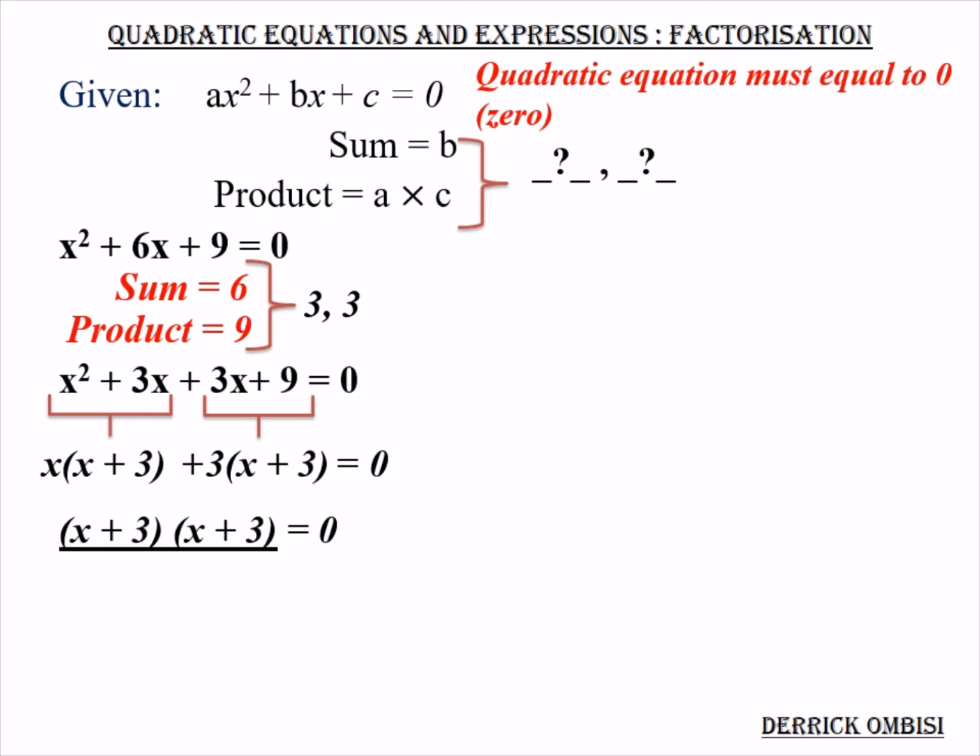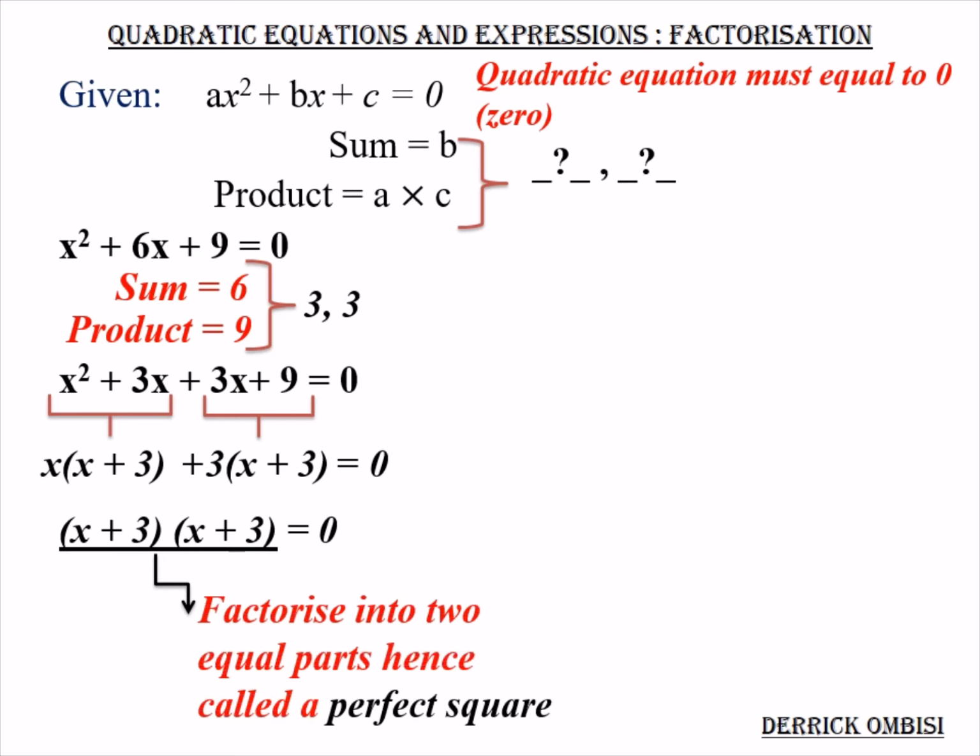Now, x plus 3 multiplied by x plus 3, you can see these two factors are similar. So when we carry out factorization and you get similar factors, then it means that this one is a perfect square, because it is going to factorize itself into two equal parts.